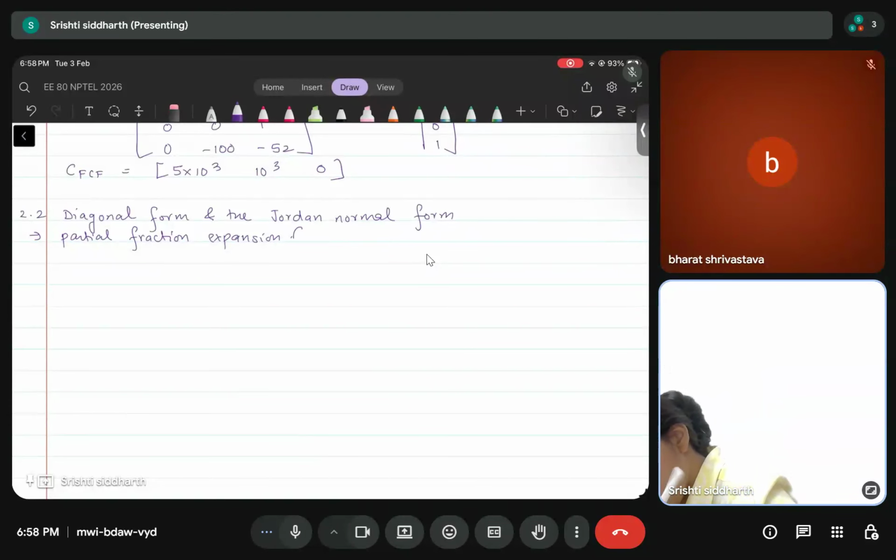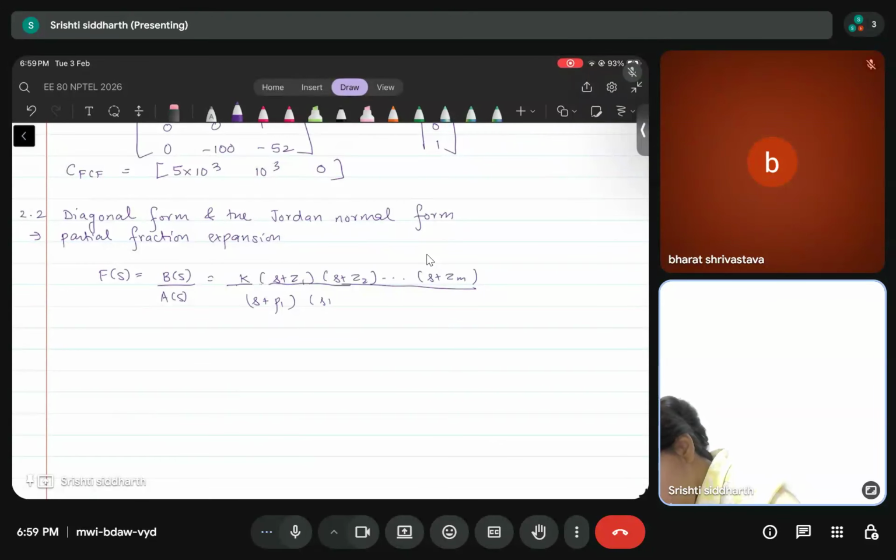This actually helps you get the canonical form. If there's a transfer function F(s) equals, let's say, B(s) over A(s), which is some constant times the first zero, the second zero, and so on, over the first pole, the second pole, up to the nth pole.